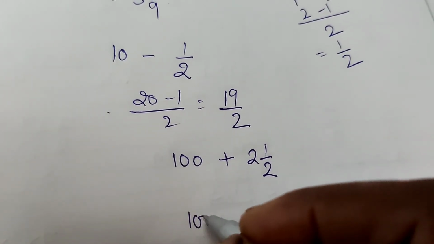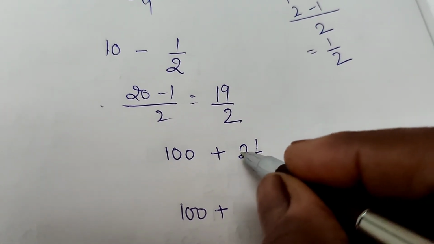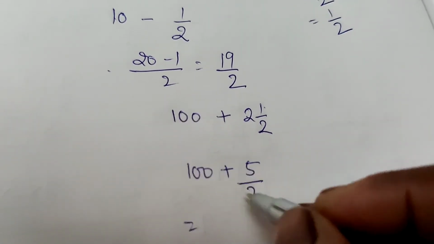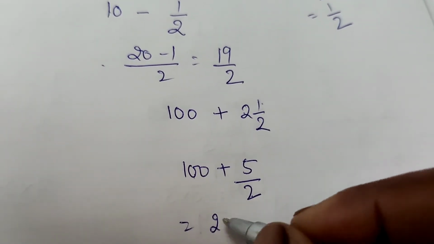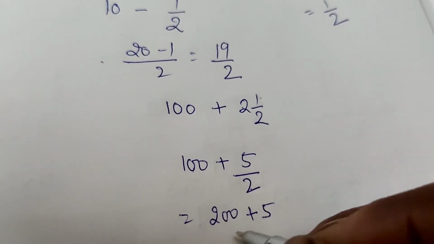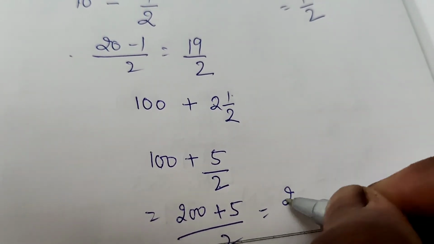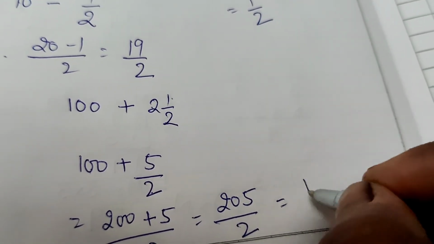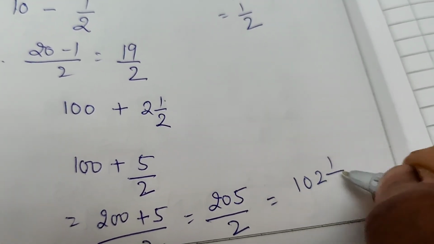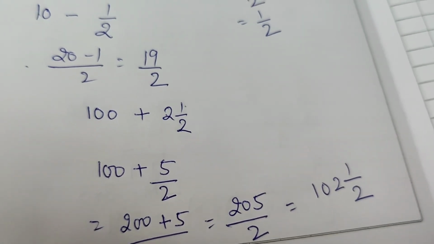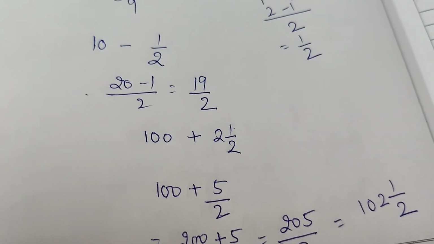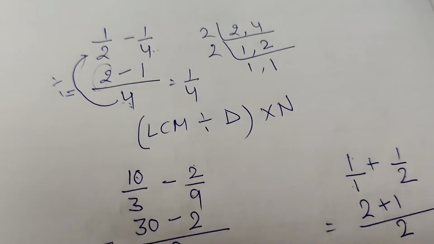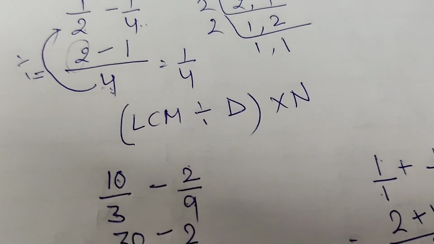Then you can do 2 into 2, 4 plus 1, 5 by 2. And now 2 into 100, 200 plus 5 by 2. 205 by 2, and you can convert it into the mixed number 102 whole 1 by 2. Okay, this is the addition and subtraction of fractions. You can practice like this.